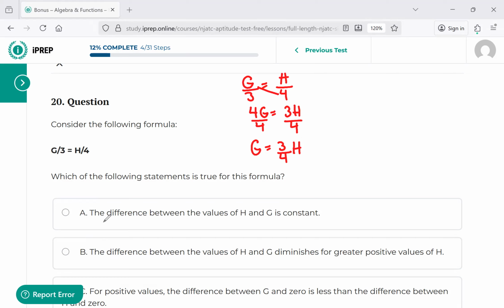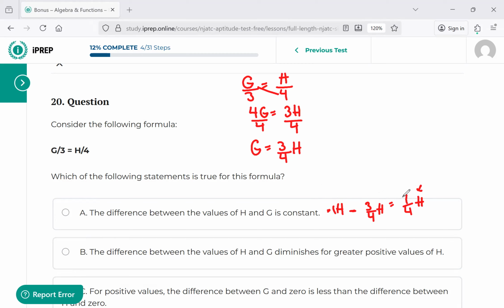So let's look at the first part, the difference between the values of h and g. This is going to be h minus g, and g is 3/4 h. So 1h minus 3/4 h is 1/4 h. That's not true. This is not a constant, right? 1/4 h is not a constant.